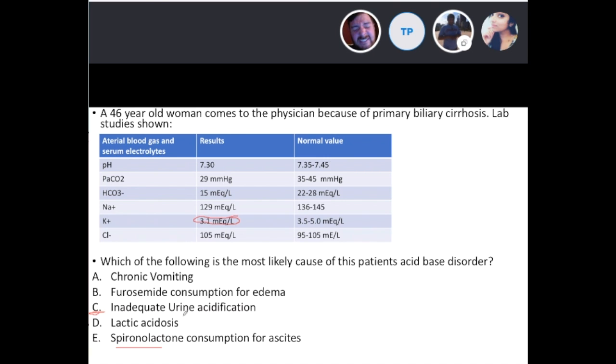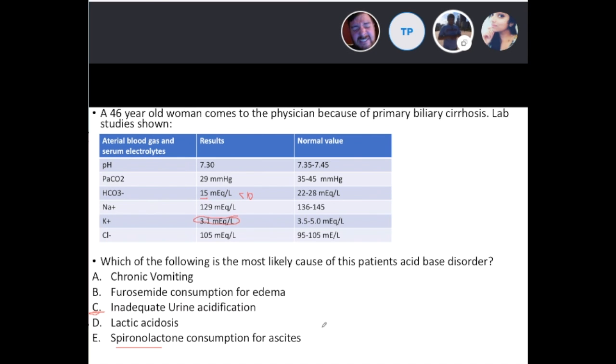Apparently with type 1, it's inadequate urine acidification, and with type 2, it's renal bicarbonate wasting. But the way I learned renal tubular acidosis for type 1, this number would be less than 10, so I didn't look at that value of 15 as renal tubular acidosis. But after knowing the answer, that would make sense.